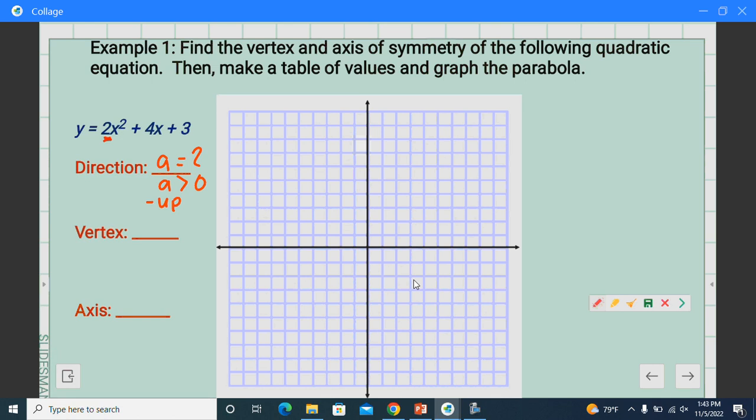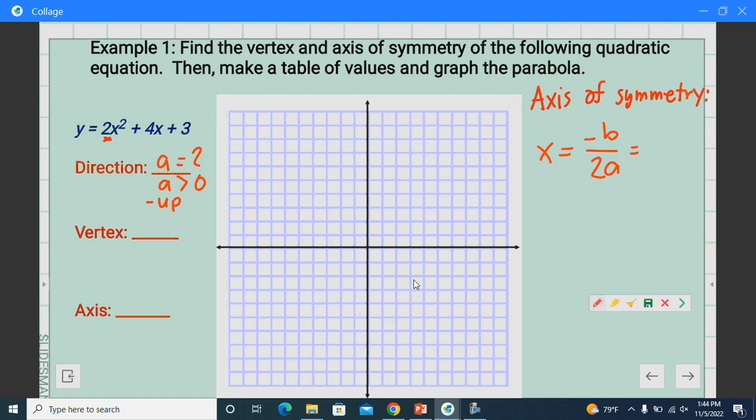Now, vertex. What is our vertex? Or let's have first the axis of symmetry. What is our value again? It's x is equal to negative b over 2a, or opposite of b over 2a. What is our b?